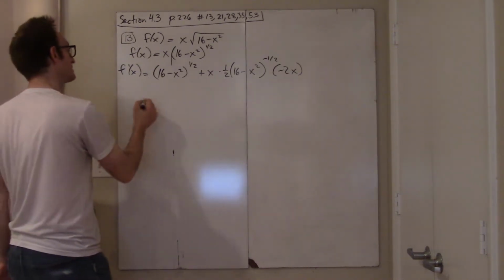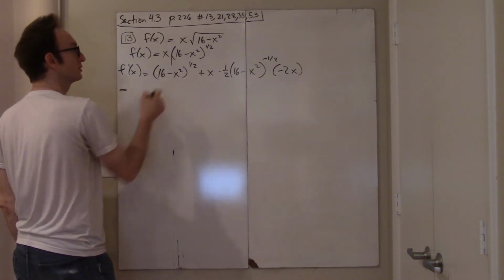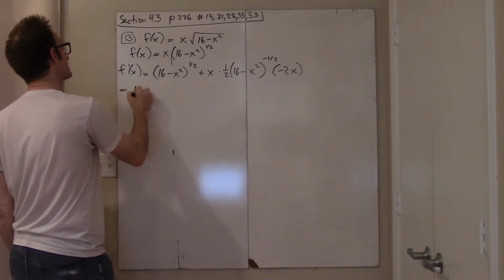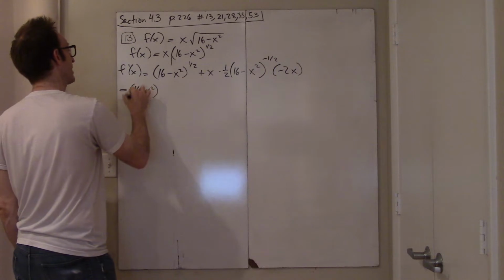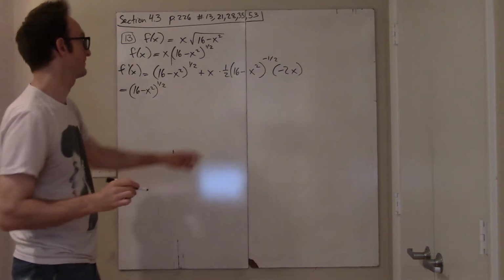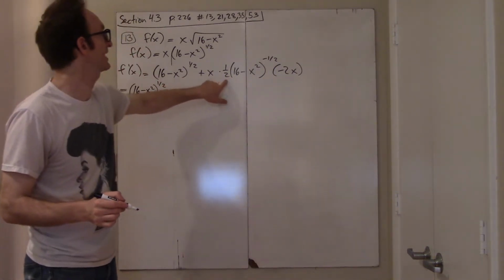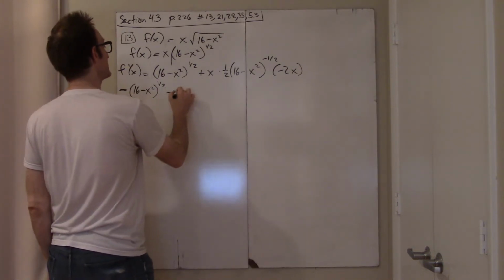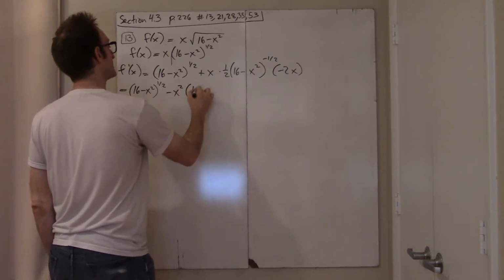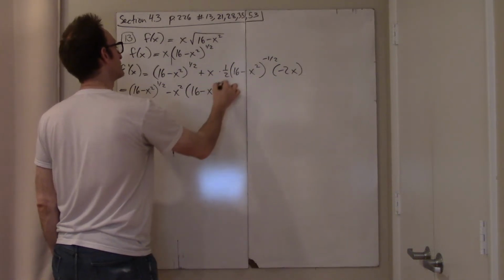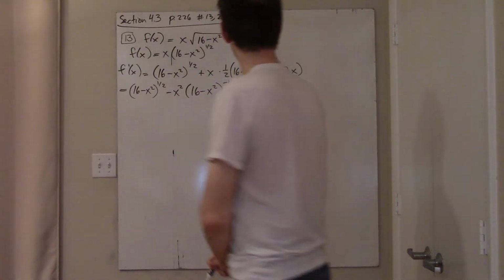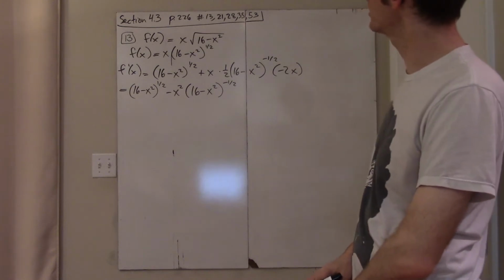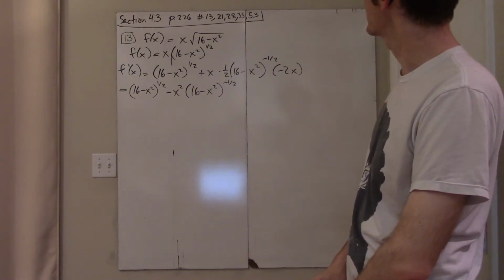And if you want to insert another step where you carefully rewrite this, the 2 and the 1/2 cancel, so that just becomes negative x squared 16 minus x squared to the negative 1/2. Okay, so this assumes you're very good at the chain rule.